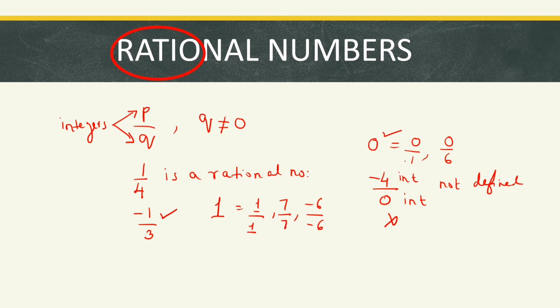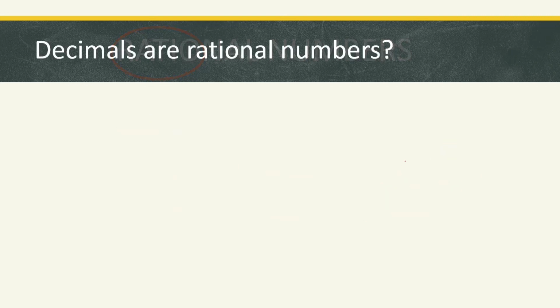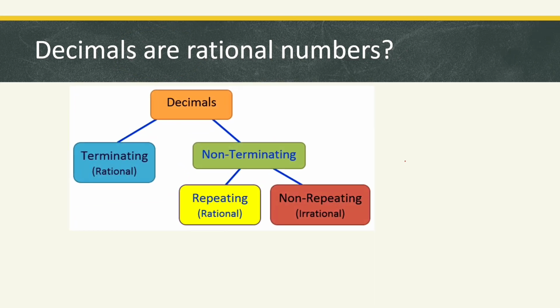Now let's go ahead and check if decimals are rational numbers or not. Before that, let's see the classification of decimals. Decimals can be divided into terminating and non-terminating decimals. Terminating decimals are those where, when I divide the number, the quotient has a definite number of digits after the decimal point. It ends at some point.